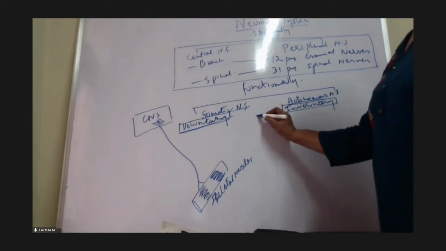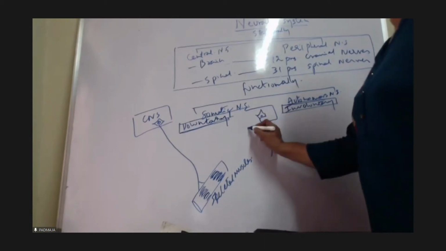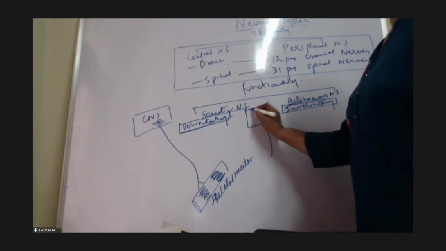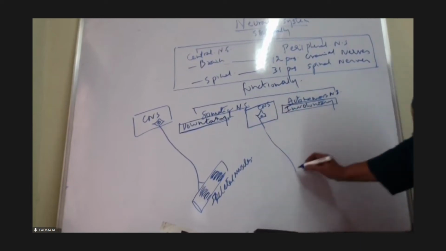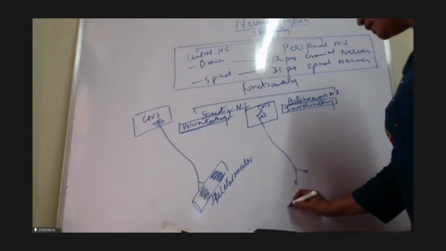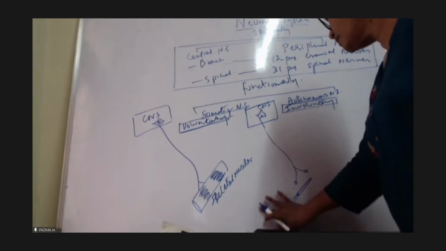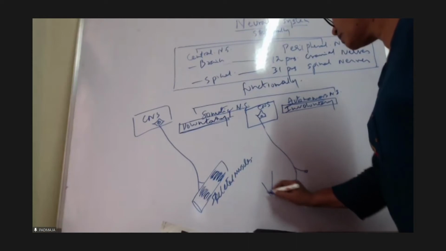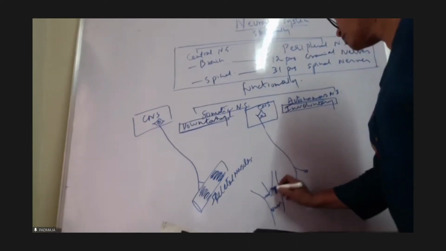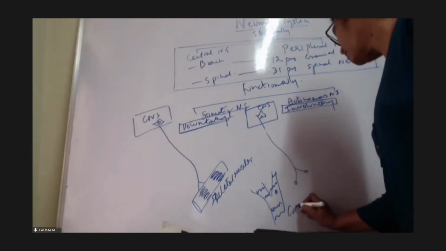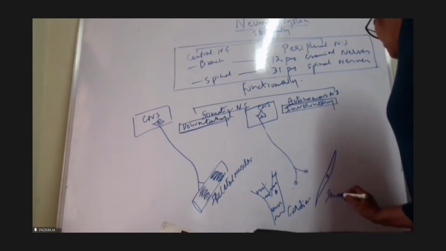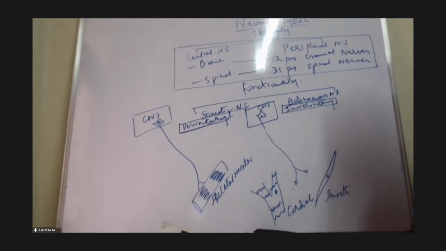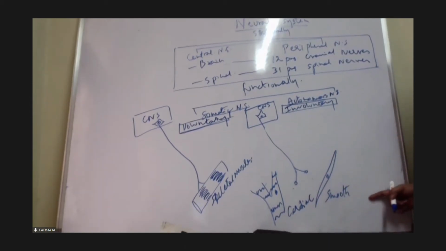Now take autonomous. It starts in the central nervous system, and it should end on smooth muscles and cardiac muscle, involuntary.